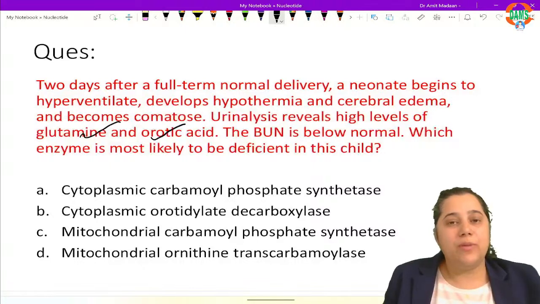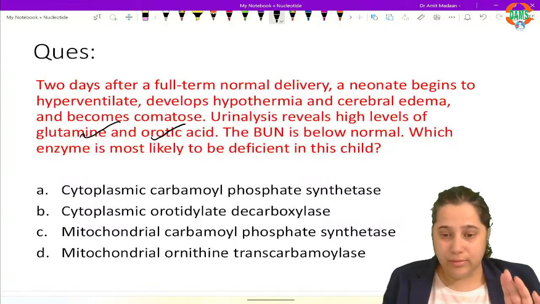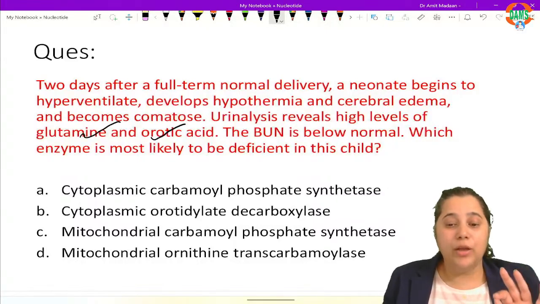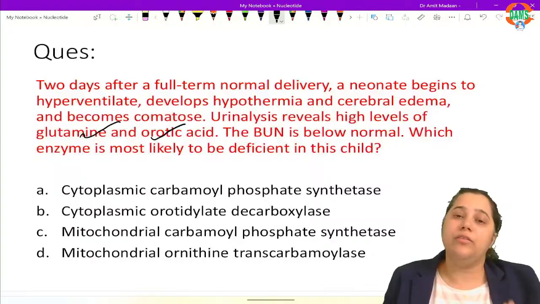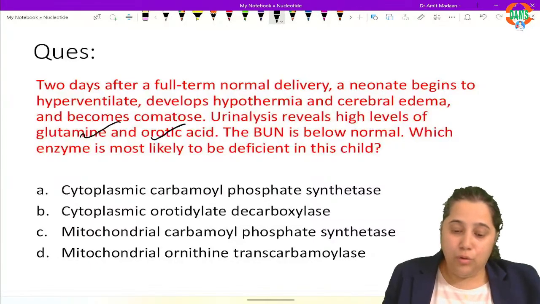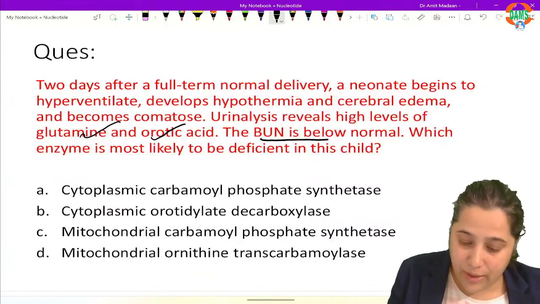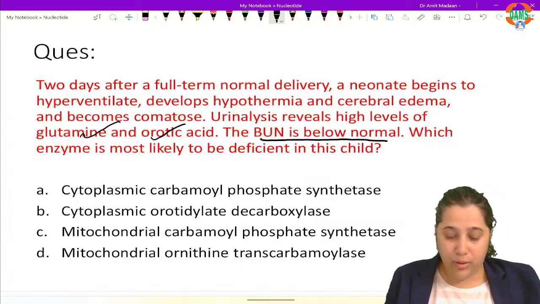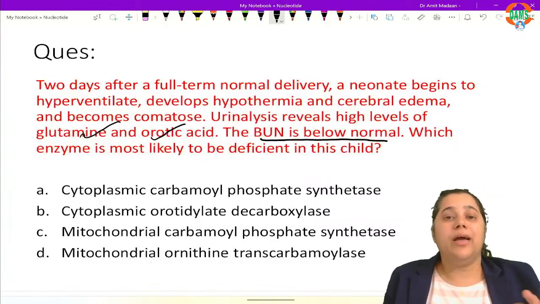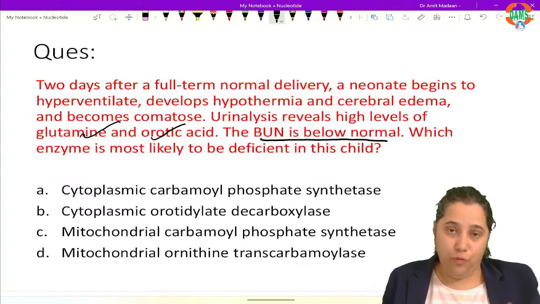By now you must be aware that glutamine is the major transporter of ammonia in the blood and orotic acid increases in pyrimidine biosynthesis. However, the blood urea nitrogen is below normal. So, see, blood urea nitrogen is below normal. What it is pointing to is that urea is not getting formed.